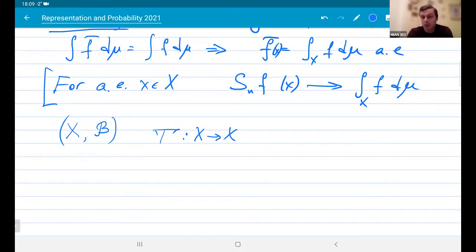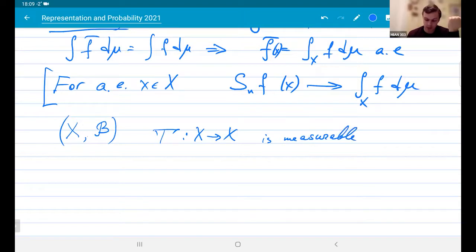Or you can ask the same questions in the general measurable situation, because the fact that T is measurable depends not on the measure, but only on the sigma algebra. So, for example, you have some space X and some sigma algebra B, and T is measurable.